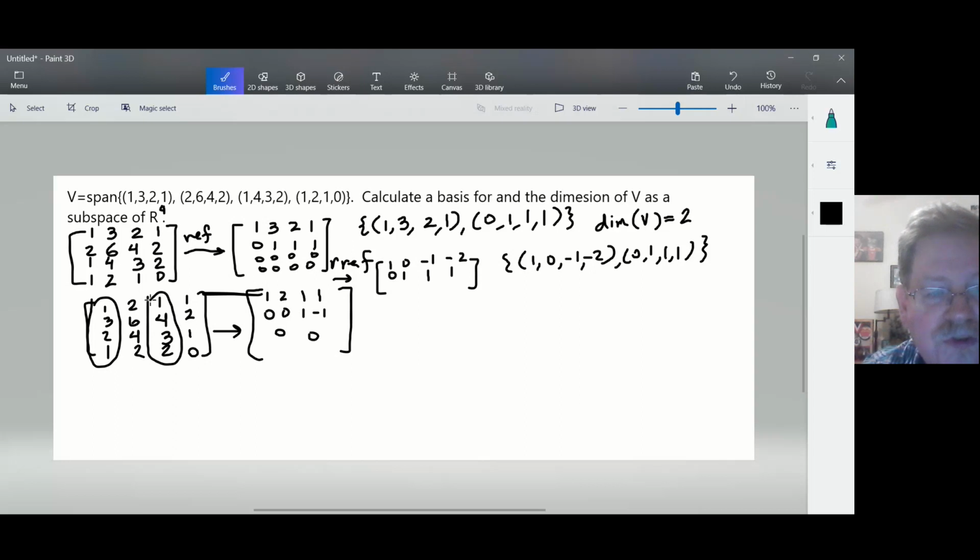So those two columns tell us the vectors. So 1, 3, 2, 1 is one part of the basis. And then 1, 4, 3, 2.